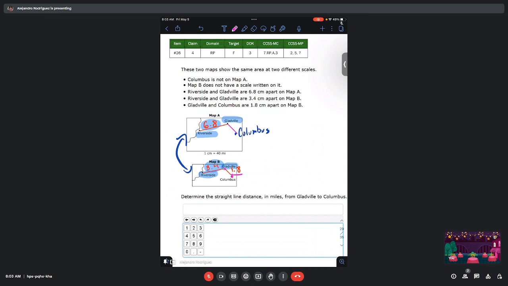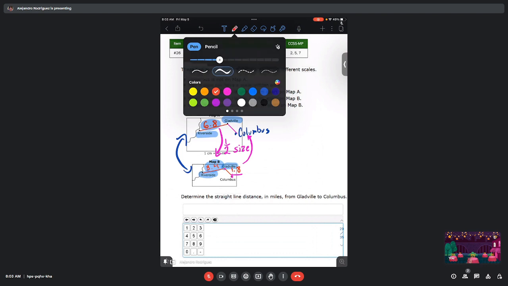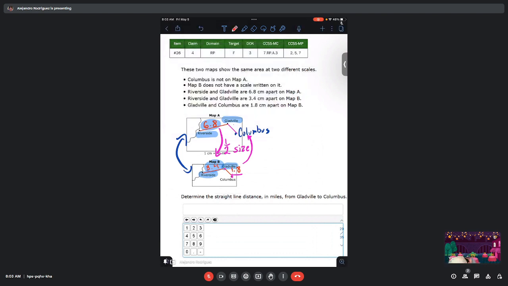So in this case, map B is about half the size. So the length from Glendale to Columbus on map A is going to be double 1.8, which is 3.6 centimeters.